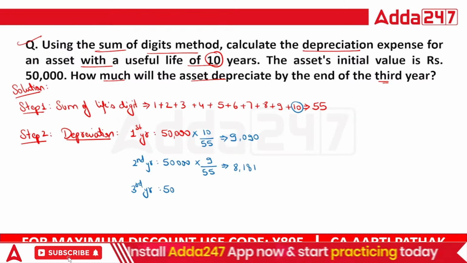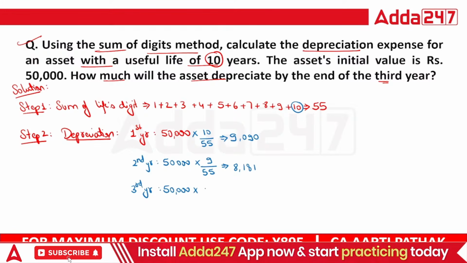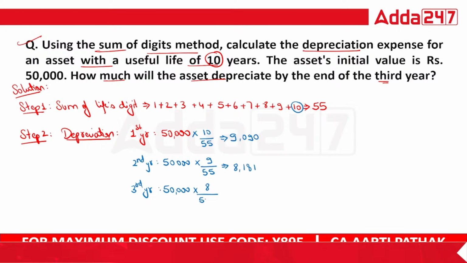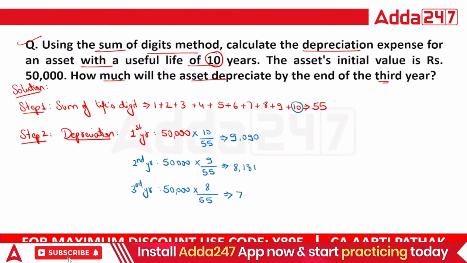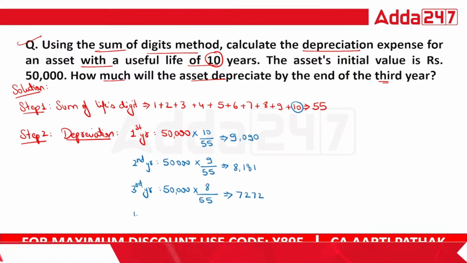Third year, 50,000, next highest value, 8 divided by 55. 50,000 into 8 divided by 55, so 7272.